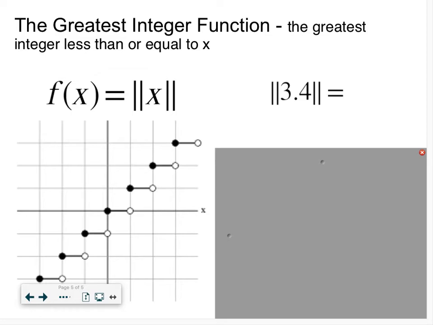Okay, so we're going to do 3 examples so we can get an idea of how this works. 3.4. If I'm looking for the greatest integer less than or equal to x, turn to your neighbor. What does that look like if I put in 3.4?